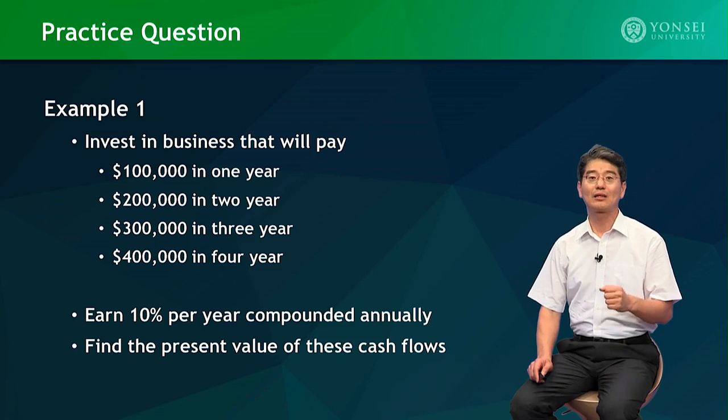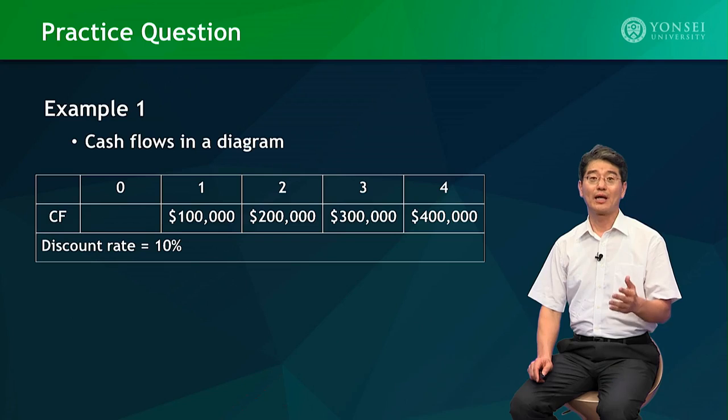That means the discount rate you need to apply to this investment opportunity is 10%. In order to find the present value of these cash flows, you need to find the present value of each cash flow first. We can present these cash flows in a diagram as it is shown in the slide.